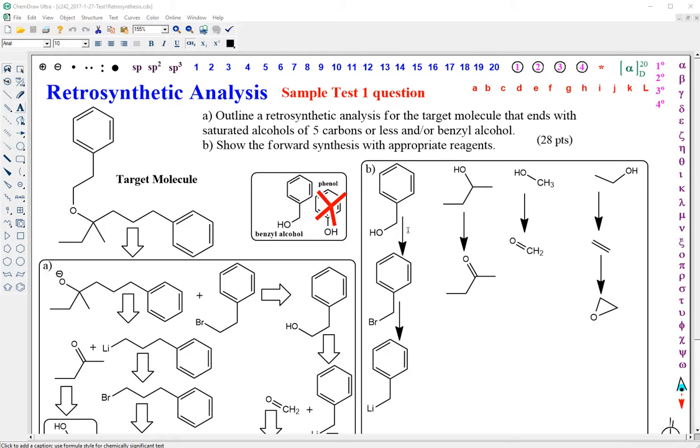Questions are, how do you make an alcohol into an alkyl bromide? The answer is PBr3. How do you convert an alkyl bromide into an organolithium? The answer is lithium metal. Solvents such as hexane.